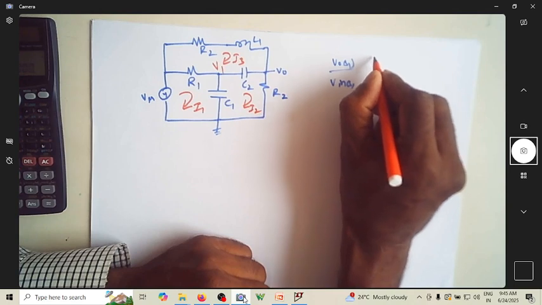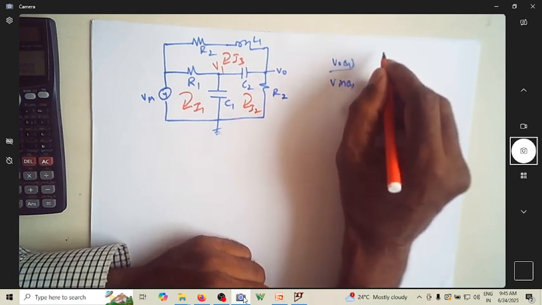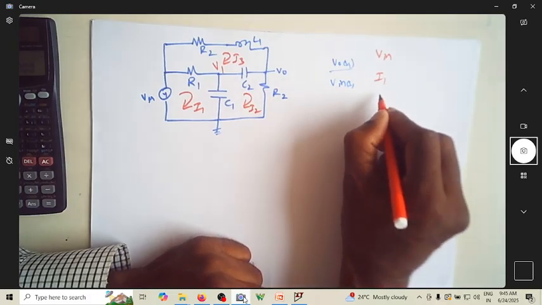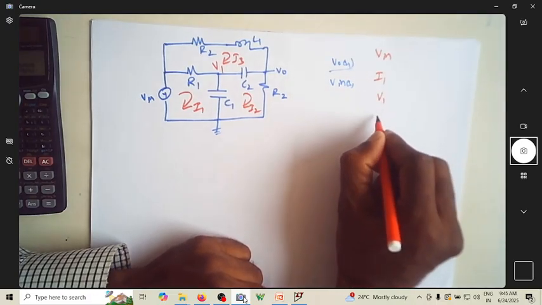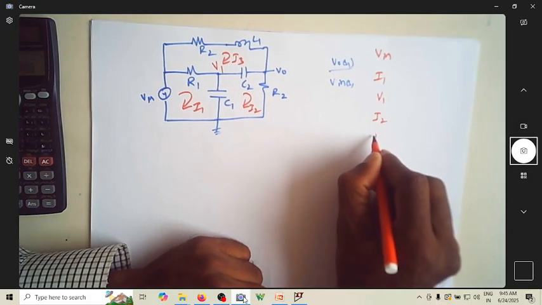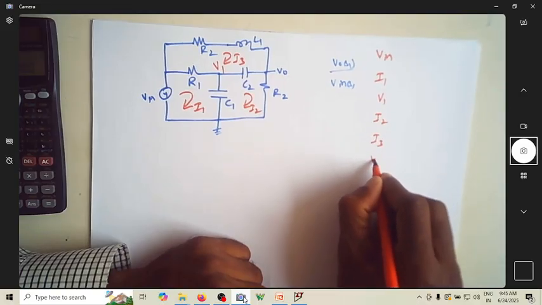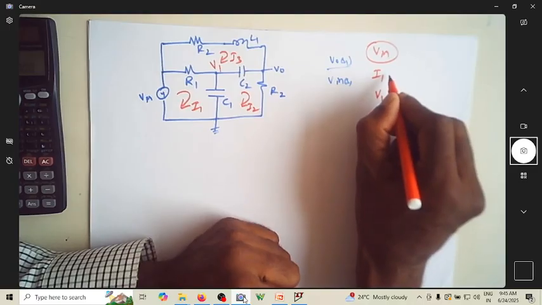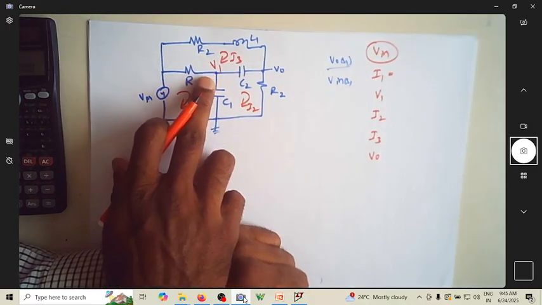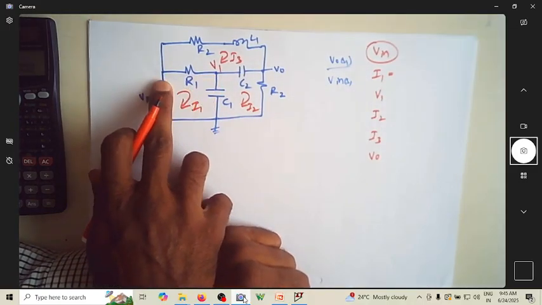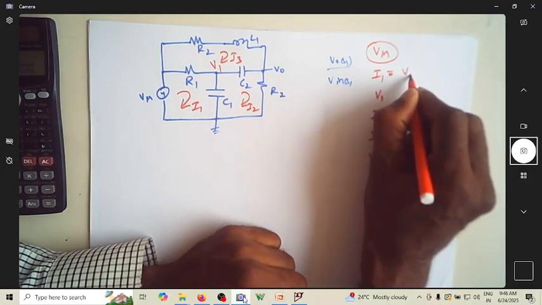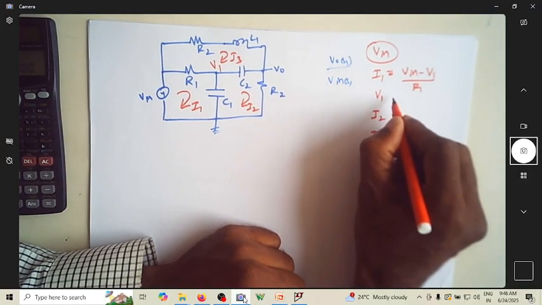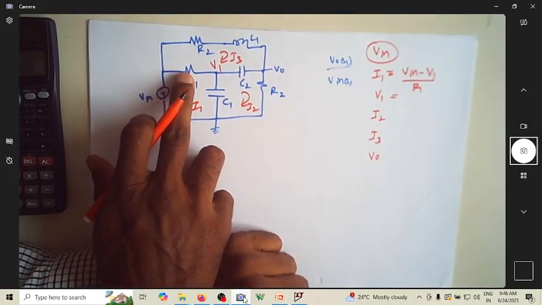So let me list out the variables. This is Vin, you have I1, you have V1, you have I2, you have I3, you have V0. Vin is an independent variable, whereas I1 is a dependent variable. I1 can be written as Vin minus V1 by R1, that is this current.